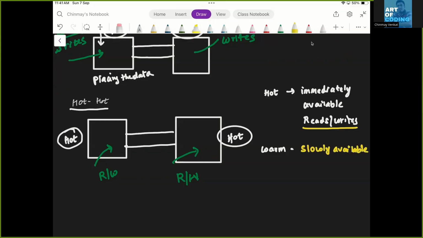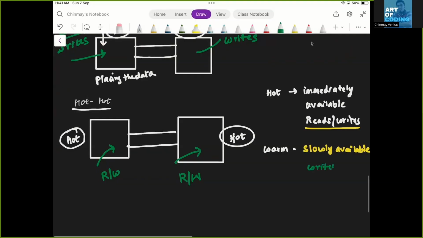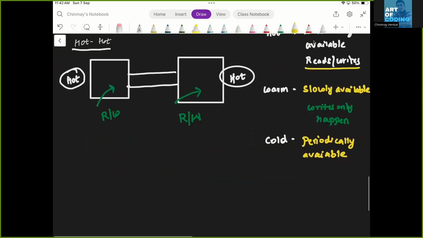So writes only happen in the warm. Now cold. What happens for the cold? Periodically available. So if the data is periodically available, nothing happens here.